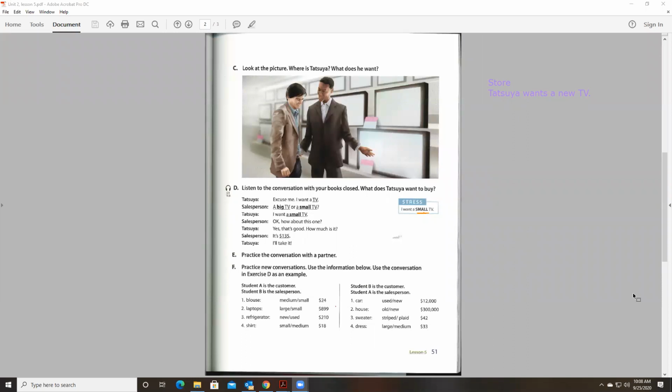Use the conversation exercise D as an example. I know you do not have a partner, so if you can practice with someone, that's great. If not, I want you to have this conversation kind of like Tetsuya and the salesperson, but it's going to be student A and student B.